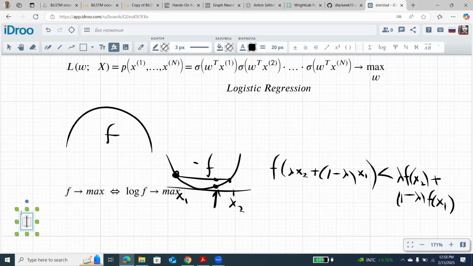Let's think a little bit about this. Why, if we maximize f, it's the same as maximization of log of f? Of course, we assume that f is non-negative and not equal 0.